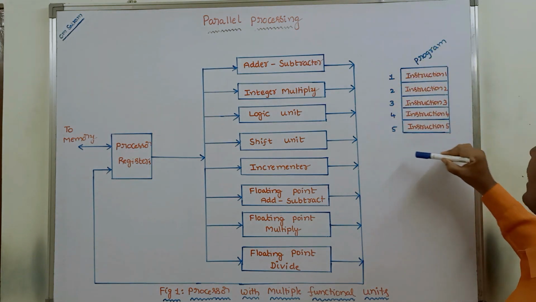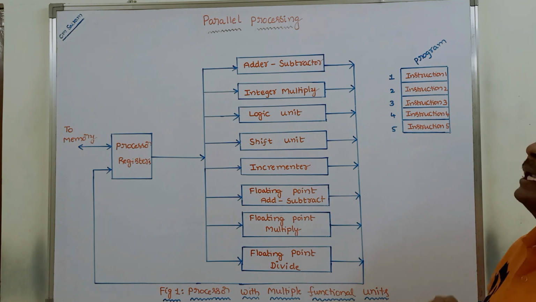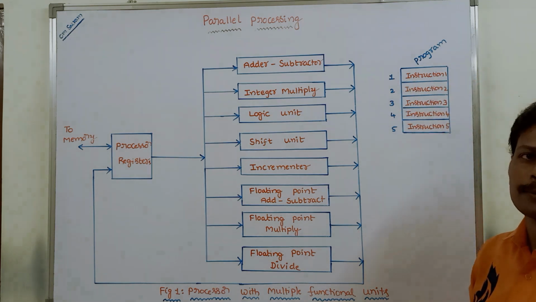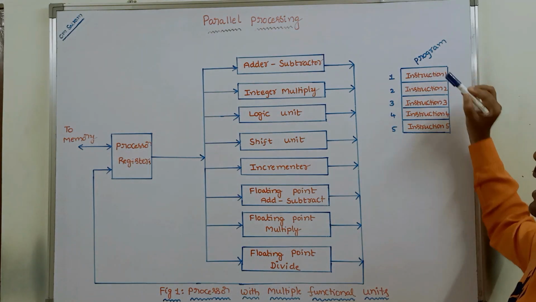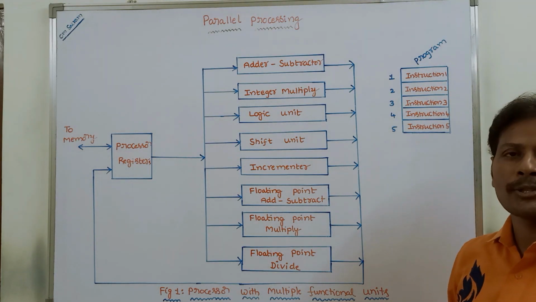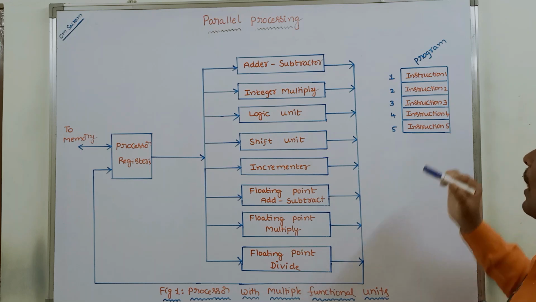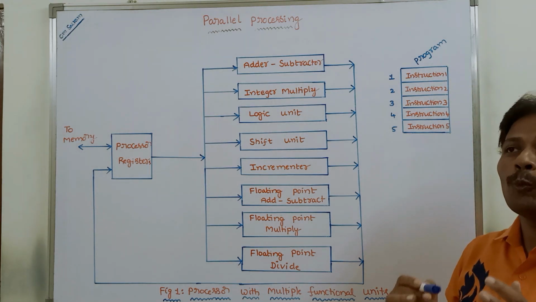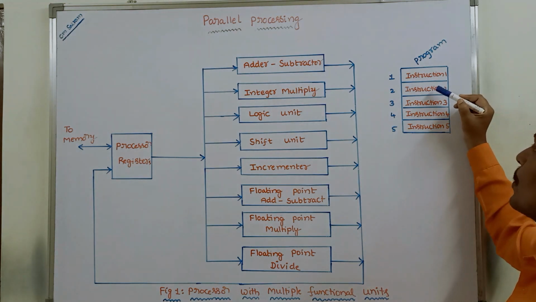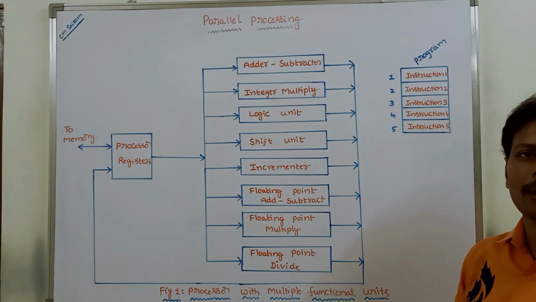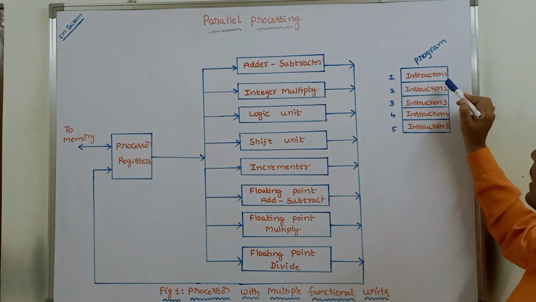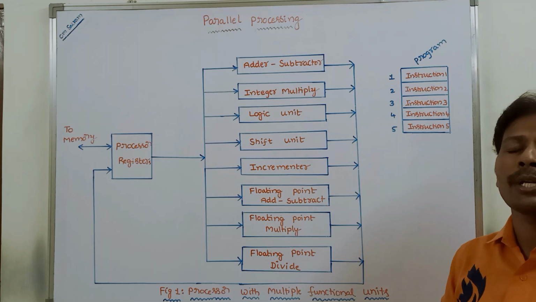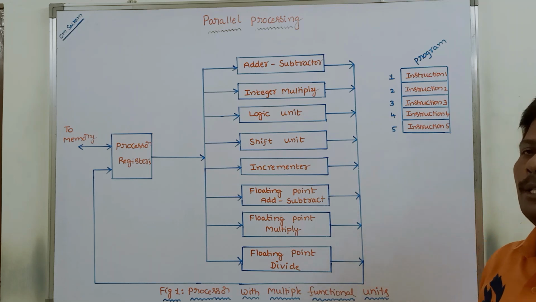Suppose we are taking one program. In that program, there are 5 instructions. First, we execute instruction 1. Once that instruction completes its execution, we start the execution of the second instruction. Once it is completed, we start the third instruction.